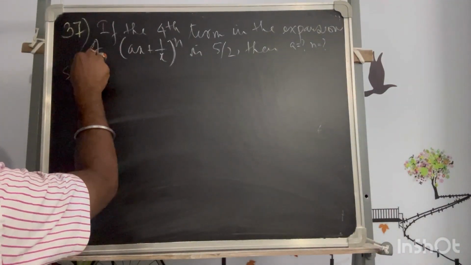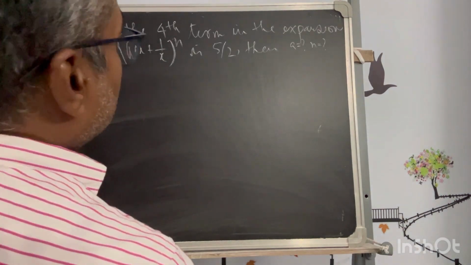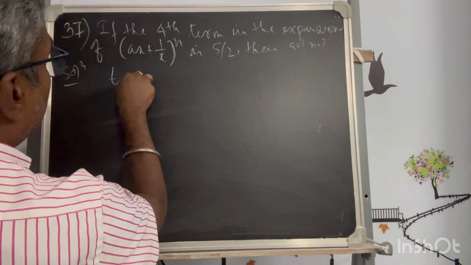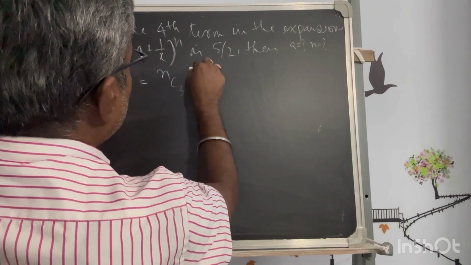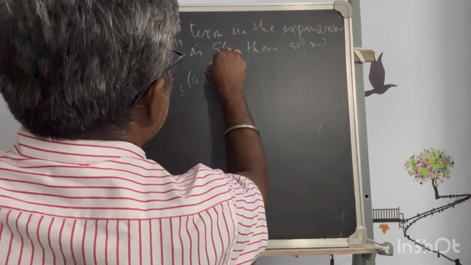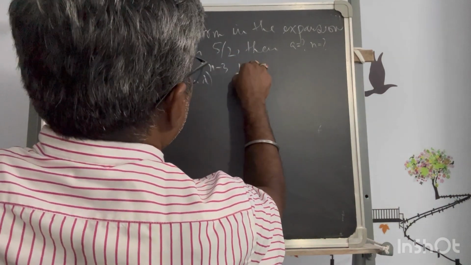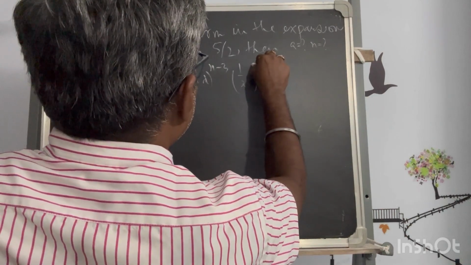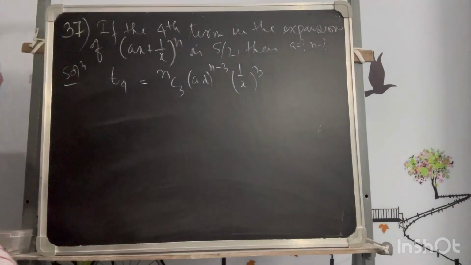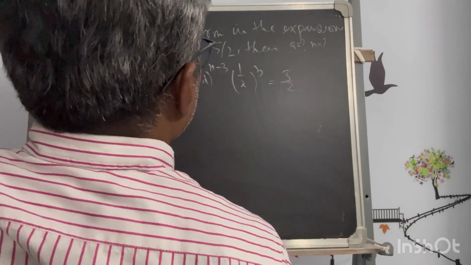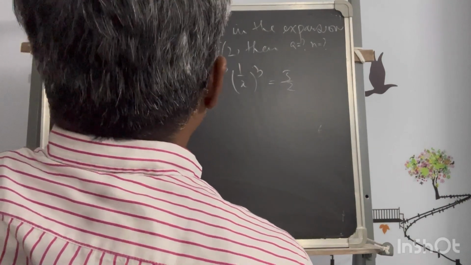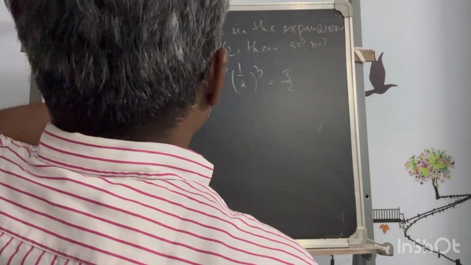So the fourth term T4 is equal to nC3 (ax)^(n-3) (1/x)^3, and this is equal to 5 by 2. The fourth term in the expansion is this much.